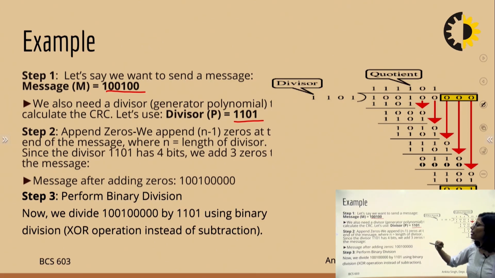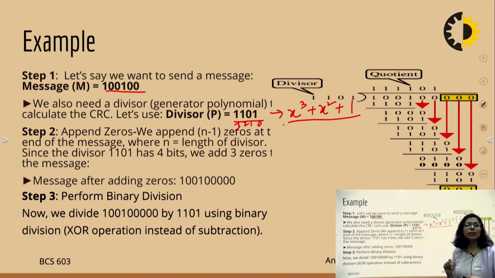Usually the generator polynomial is expressed in the form of x, right? So it could be like, this is 0, this is 1, this is 2, this is 3. So we can write x cube plus x square plus 1. This is a generator polynomial which we are depicting in the form of a binary number.